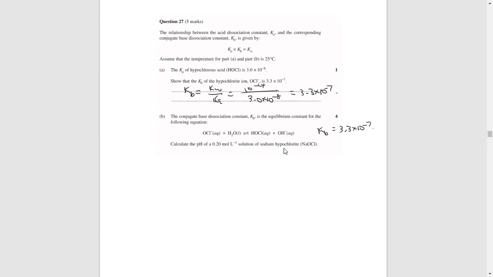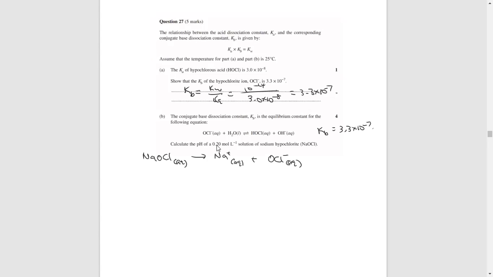Just to do it step by step, if you've got sodium hypochlorite, which is soluble because of sodium, the first thing is that it's going to dissociate into sodium and your hypochlorite ion.